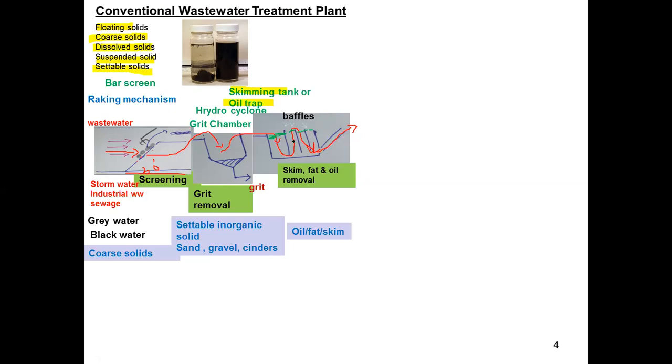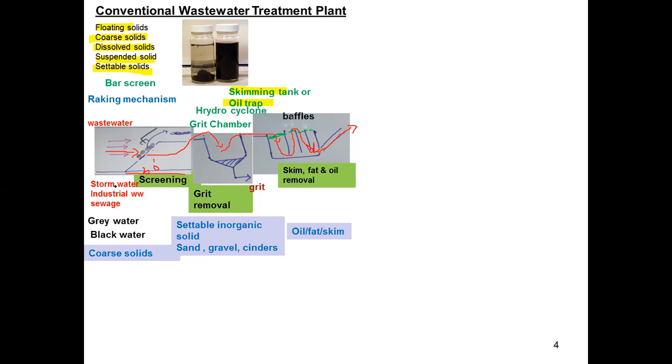Usually the oil density is smaller than the water density. So we can collect oil, fat and grease from the top of the vessel, and the clear water can be taken out from the bottom.